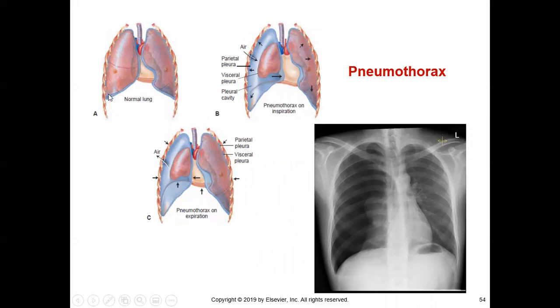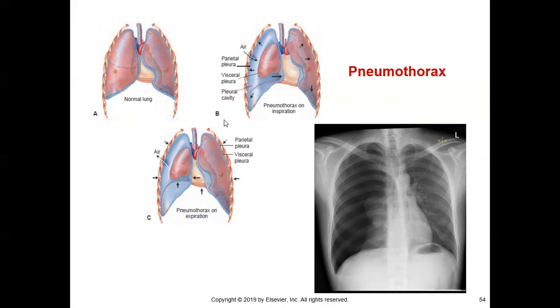It is called pleura. And in between lungs and pleura, this is a space called pleural space. Sometimes this area is full of air, and we call it pneumothorax. When air is inside, it compresses the lungs, and the lungs do not get enough space to expand.